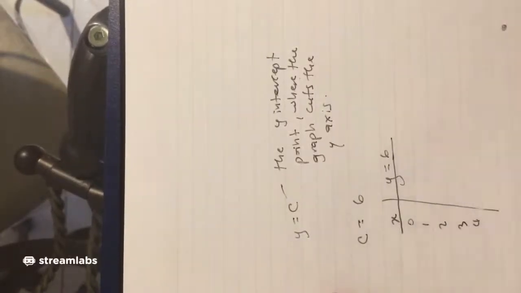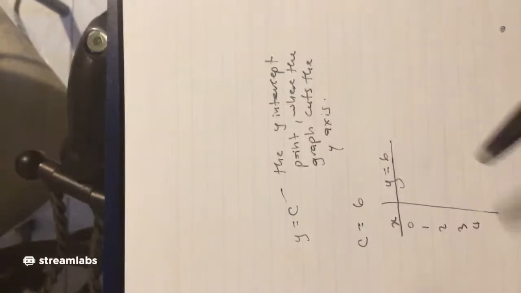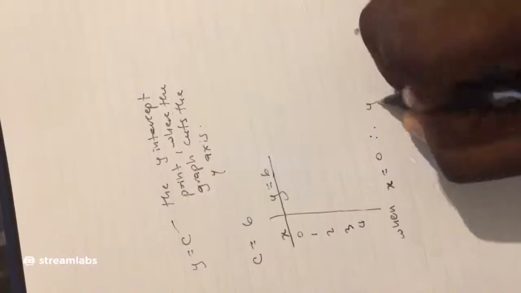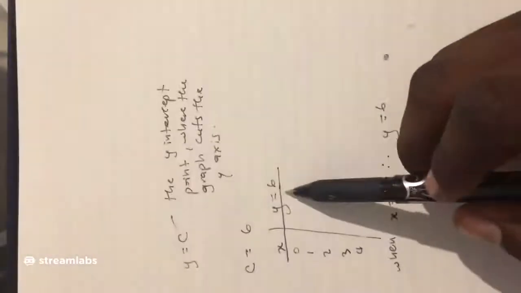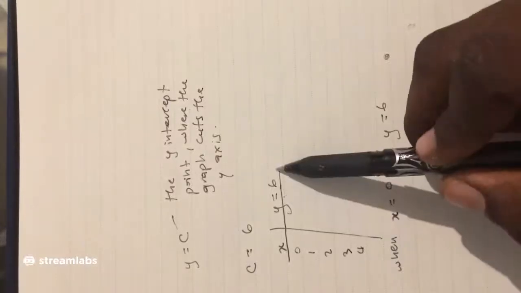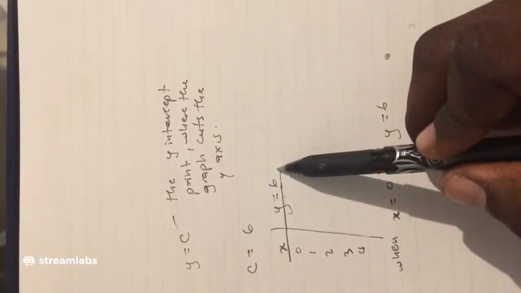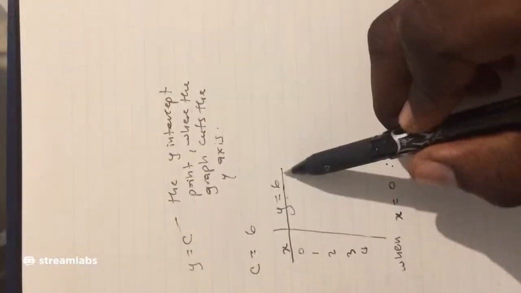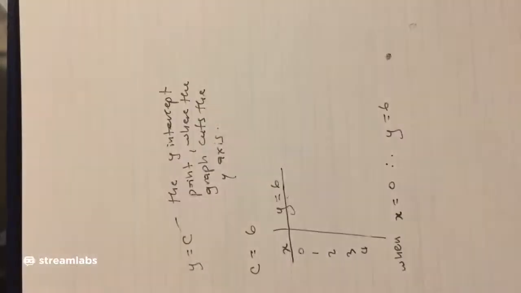As usual, x is independent, so we're going to put down some x values: 0, 1, 2, 3, and 4. So when x equals 0, y is equal to 6, because y is always equal to 6. No matter what happens, y is always going to be equal to 6, because in this case y does not depend on x. y is still the dependent variable, but there is no x in this formula.